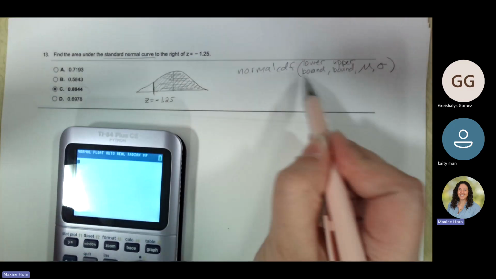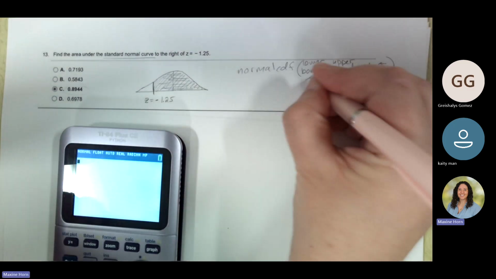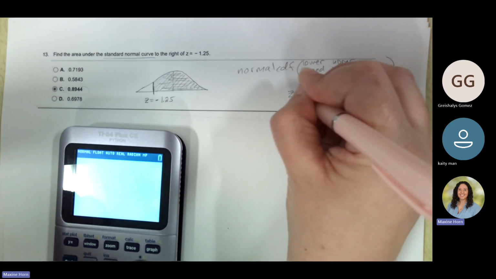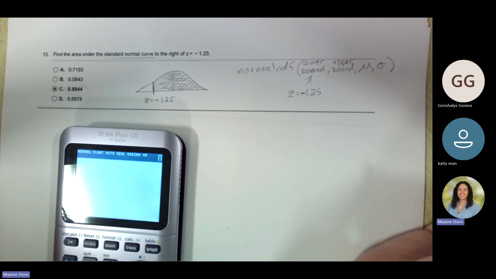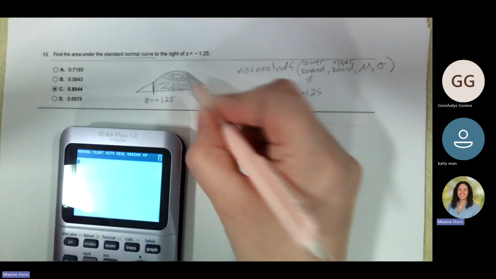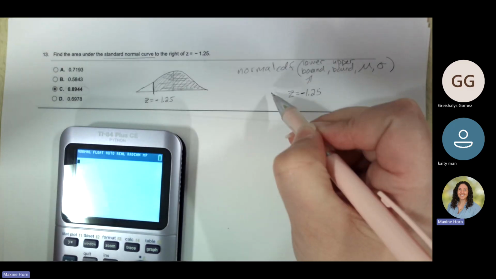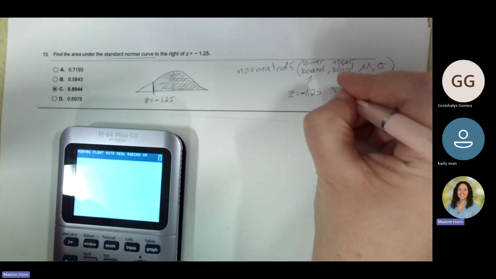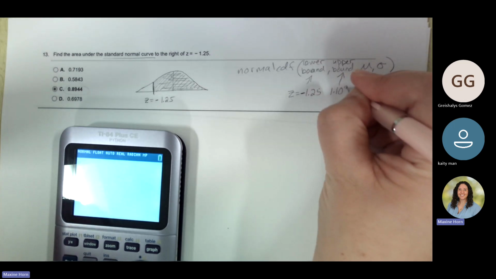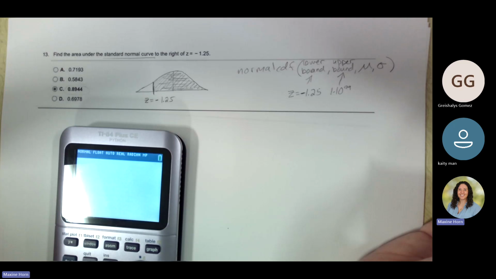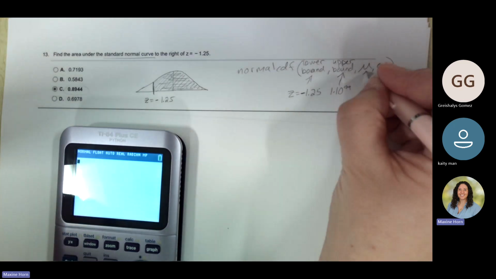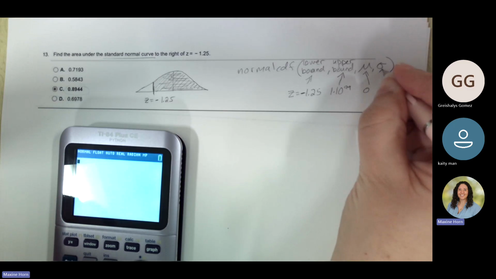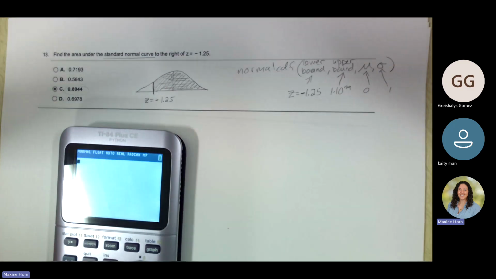So in this case, our lower bound is a z-score of negative 1.25. Again, make sure you've got the negative there. My upper bound is infinity, but I can't type in infinity. So instead, I'm going to type in positive 1 times 10 to the 99th, because that's a really big number. And then again, if it's a standard normal curve, my mean is 0 and my standard deviation is 1.